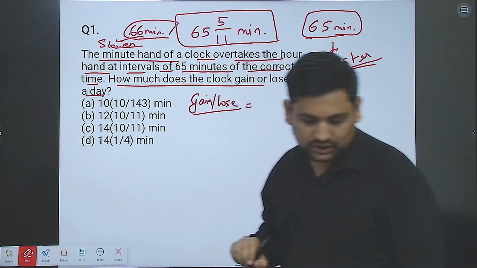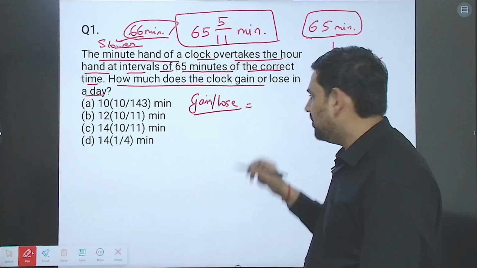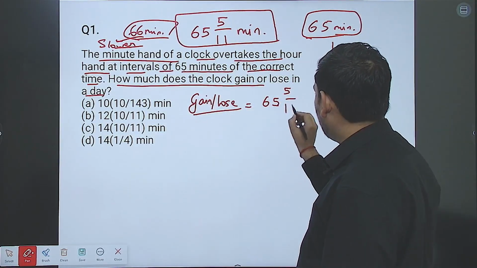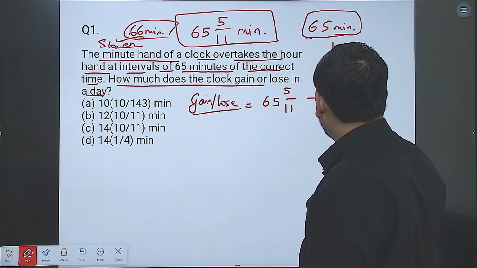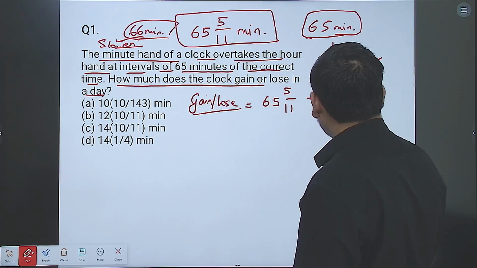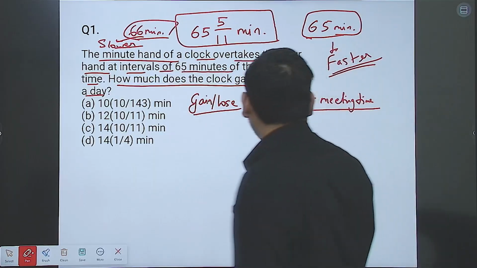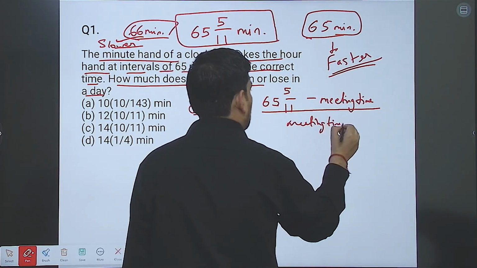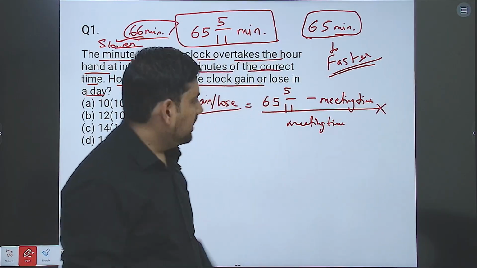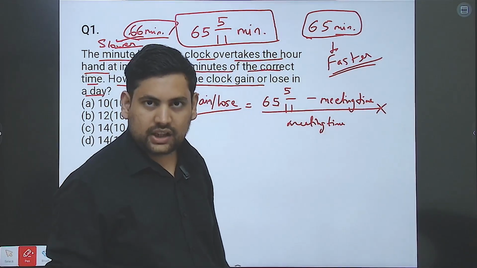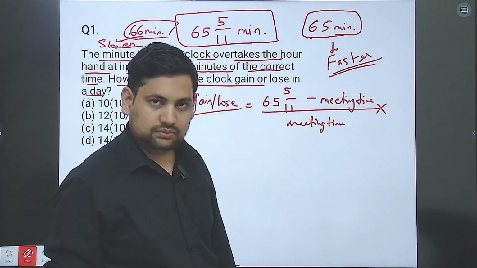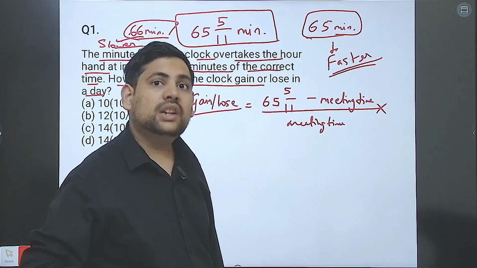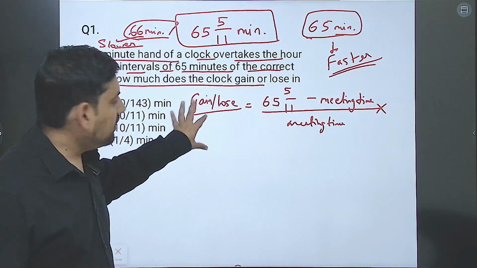Gain or loss is equal to the ideal time, 65 5 by 11, minus whatever meeting time is given to you, divided by the meeting time that is given to you, into... Now you need to multiply this with the time interval to understand the gain or loss.